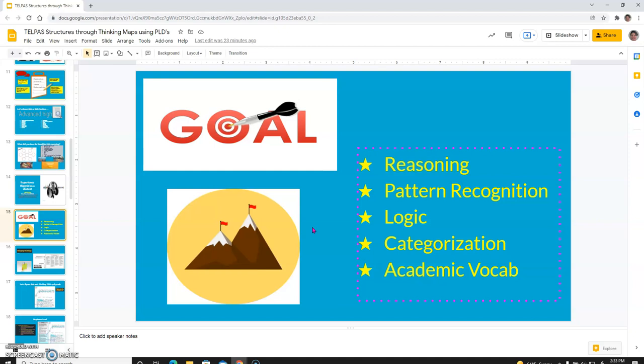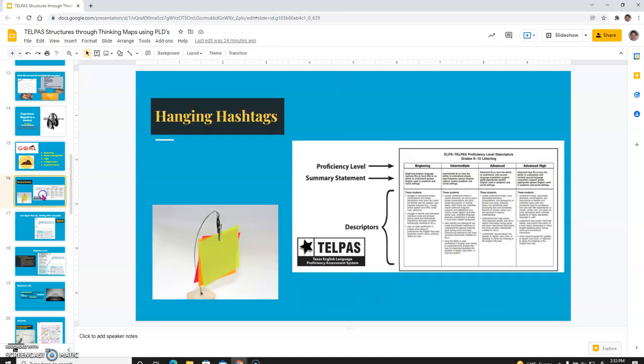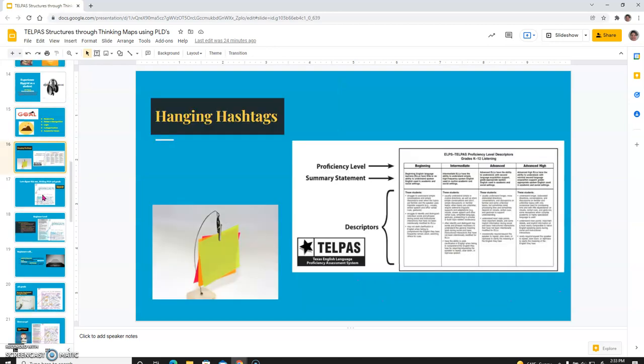But the more opportunities that we give our students to practice responding, the lesser of a big deal that is, and the more comfortable they will be for TELPAS. Because ultimately we want for TELPAS scores to truly show what the linguistic ability is of a child. So we're hoping to make all of these connections for our staff to understand that a little bit better.